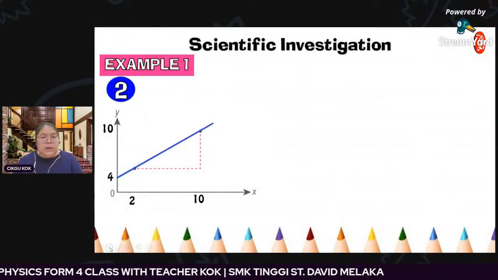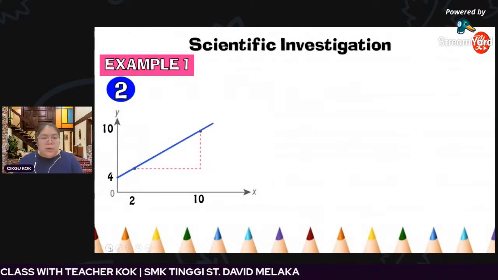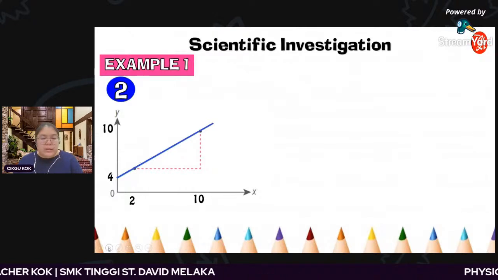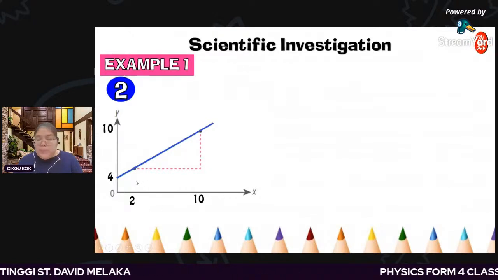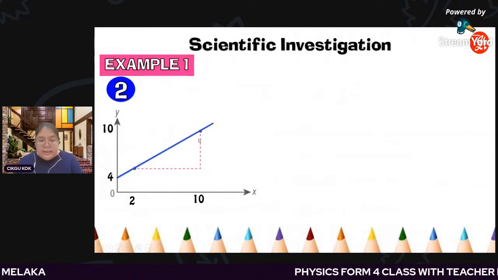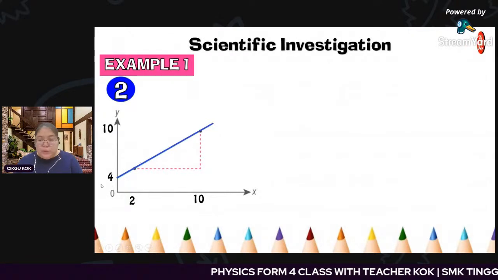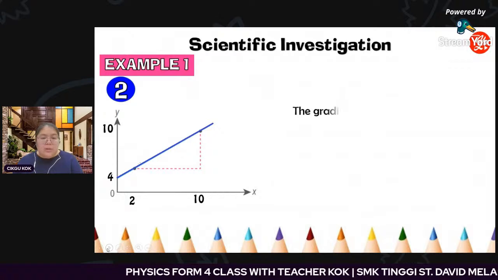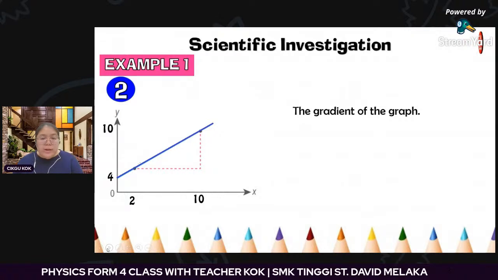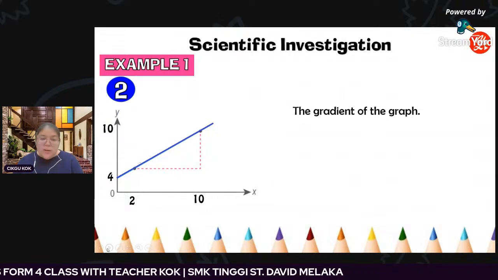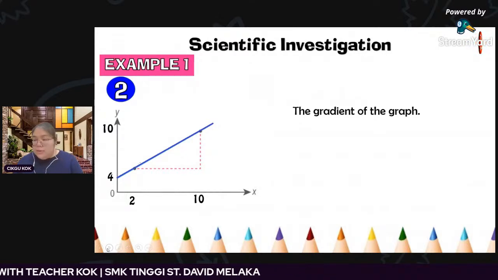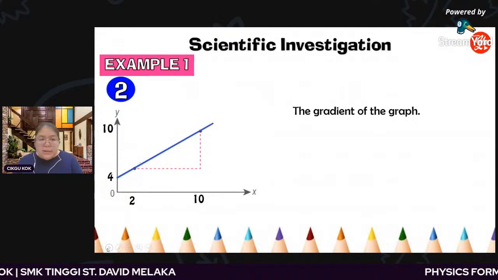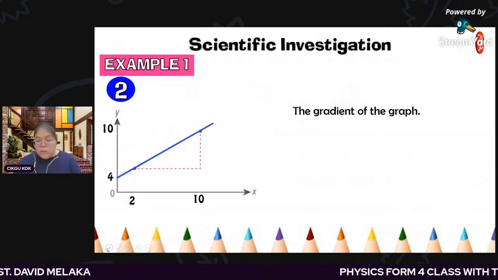Okay, so this is example 1. This is also one of the questions. Not directly proportional, but increasing linearly. Can you see that it passes through 4? So now the question, the gradient of the graph. I need your help to find what is the answer for this example 1 question.